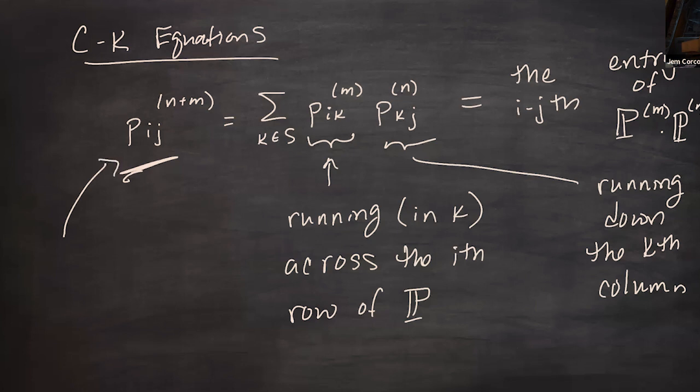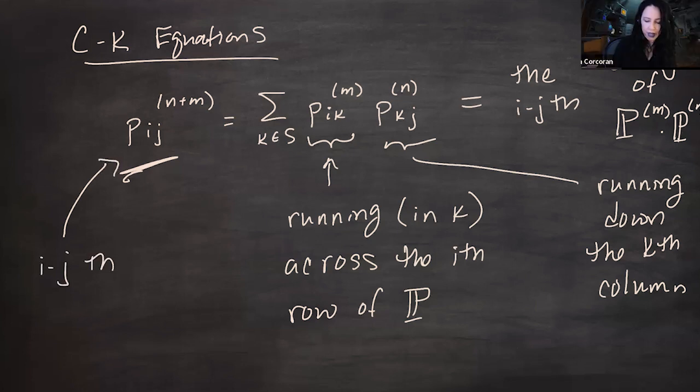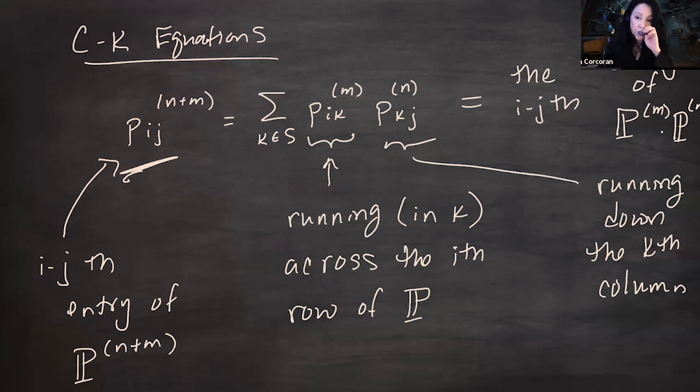And this notation is the ijth entry of P^(n+m). So we've just proven that you can get a multi-step transition matrix by multiplying other multi-step transition matrices.